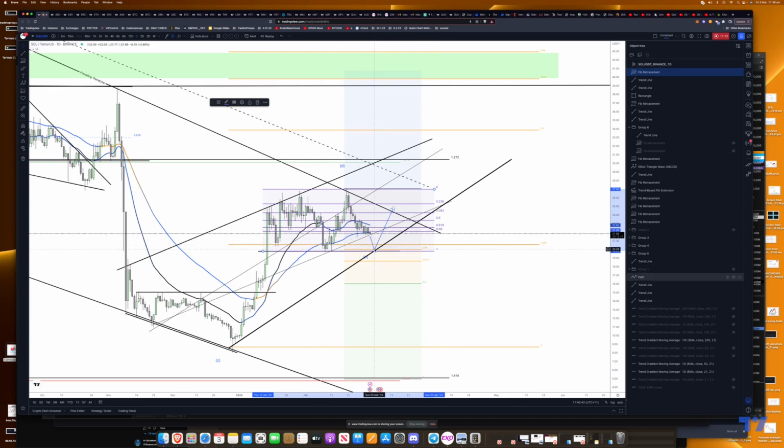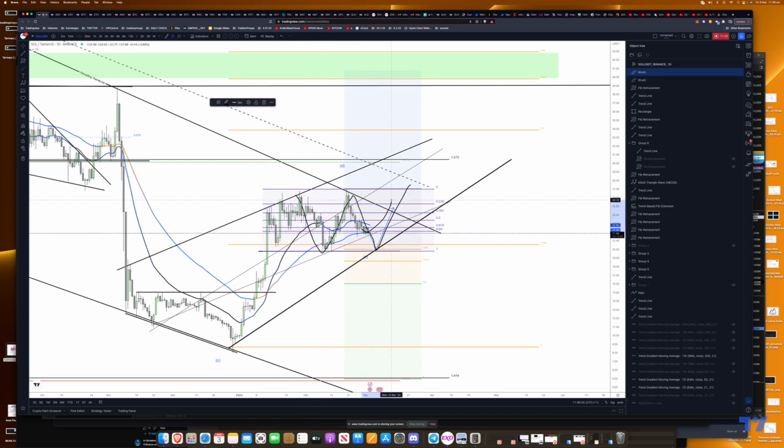So I do think this is going to come down here. Retest. Like I said, we could have two scenarios where it could come down and do a double bottom like that. That is a nice bullish formation. And then we get this triangle type of stuff.